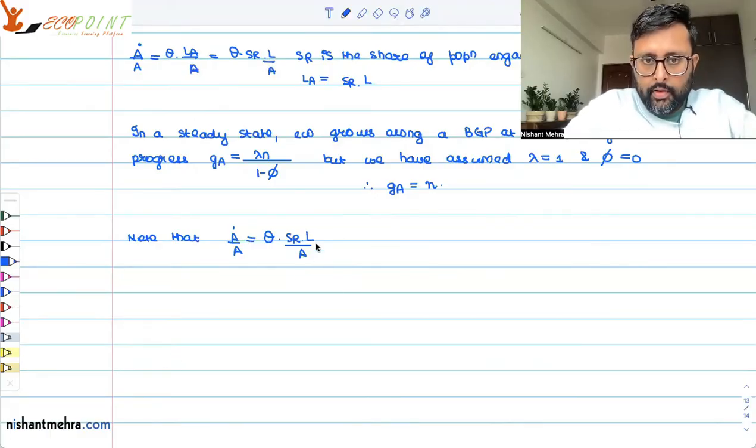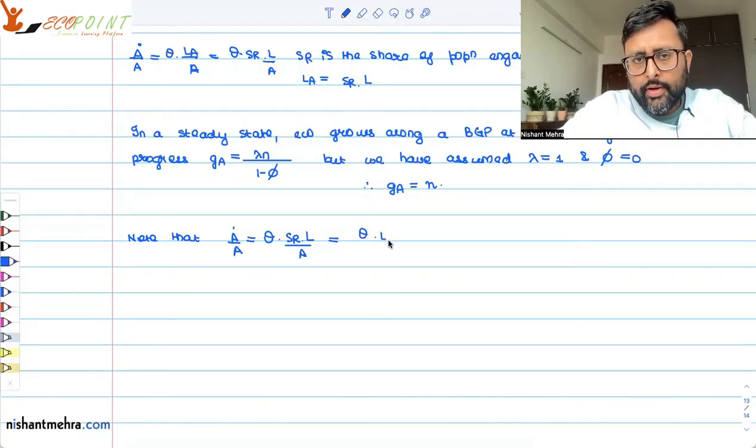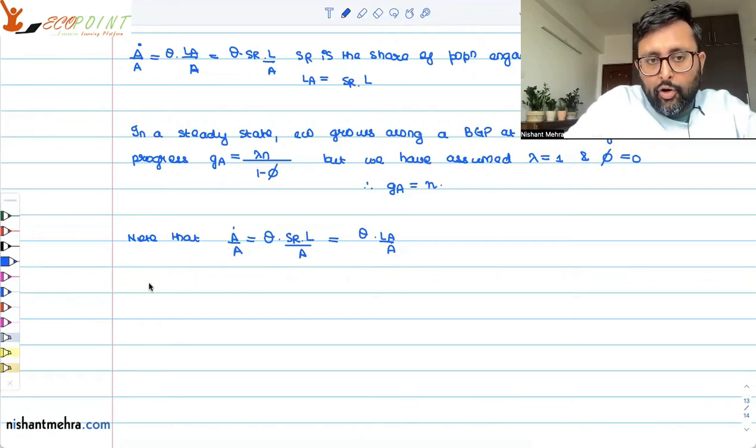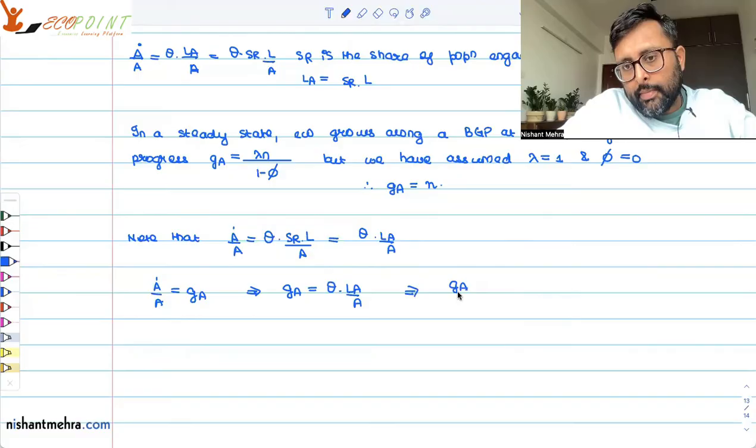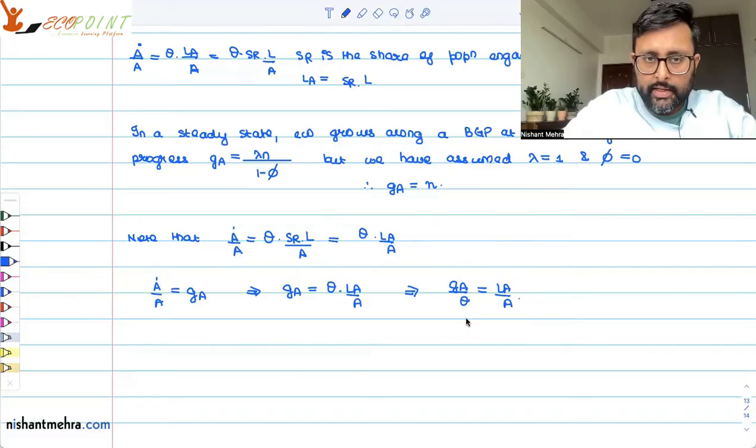This you can also write as theta LA by A. And what is A dot by A? That is equal to GA. So I can write GA as theta LA by A. That would mean GA by theta is equal to LA by A. Keep this in mind.